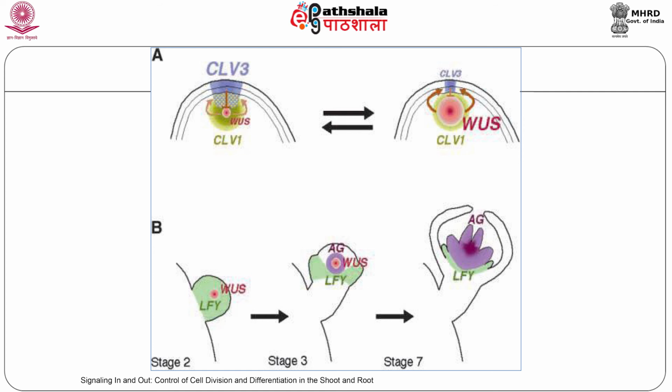Later, in stage 3, LFY and WUS together activate AG expression in the center of the primordia. As flower development proceeds, WUS expression becomes downregulated by AG. AG expression persists in the center of the primordia and determines floral organ identities in whorls 3 and 4.